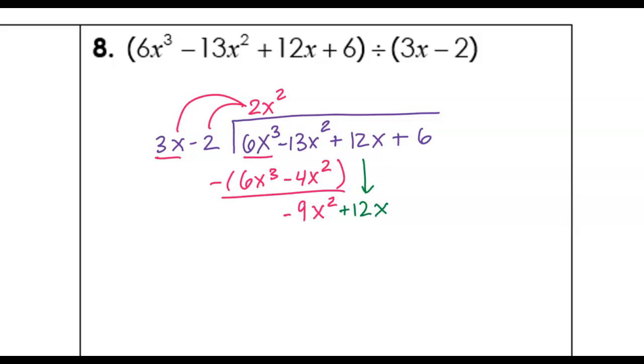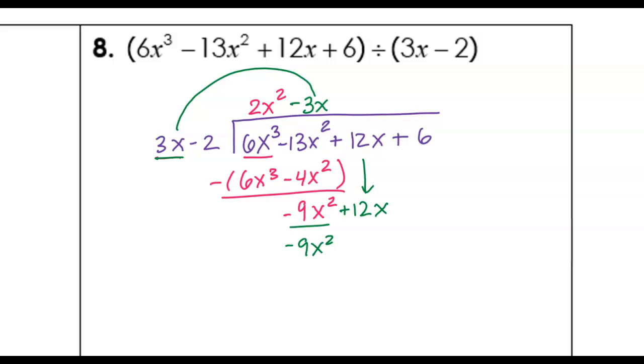And I asked myself, what do I multiply 3x by to get negative 9x squared? Negative 3x. Good. And then I multiply negative 3x times 3x and I get negative 9x squared.